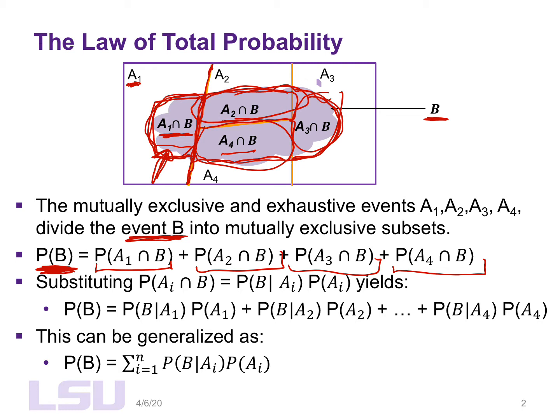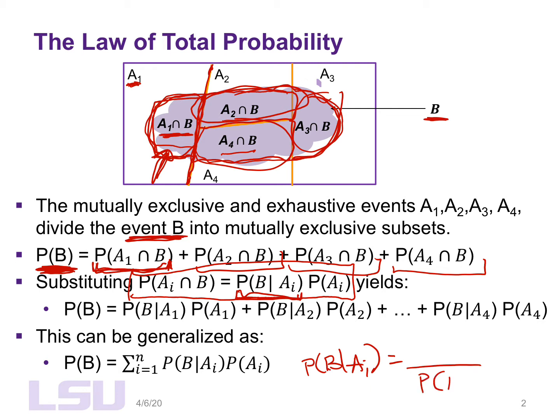But there's still one more step. This intersection, we can write it in the form of the conditional probability using our definition of conditional probability. So this equation came from what we looked at on the previous slide. It is probability of B given Ai, right?